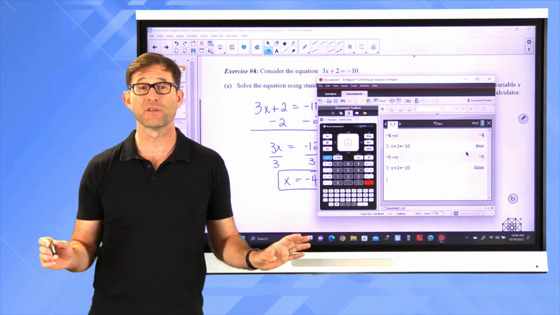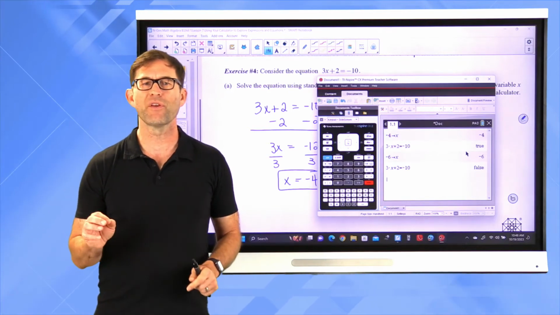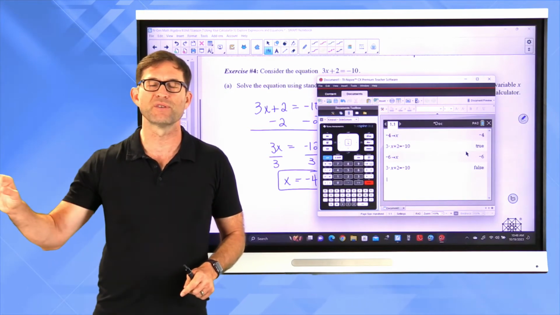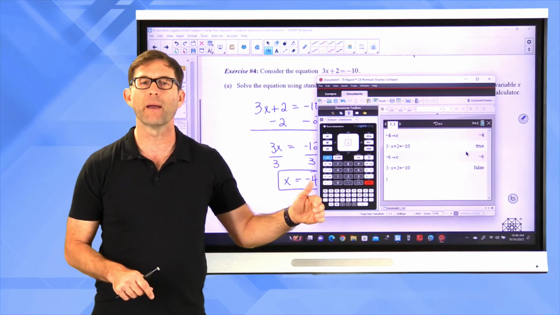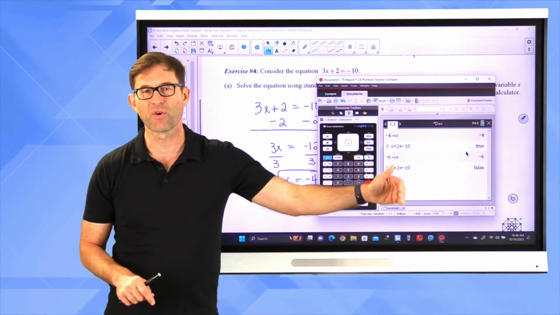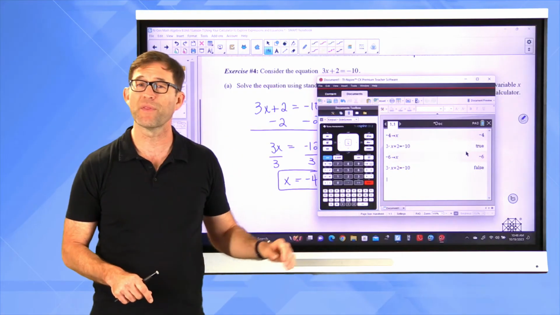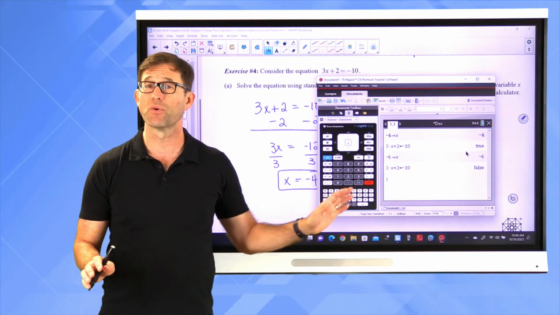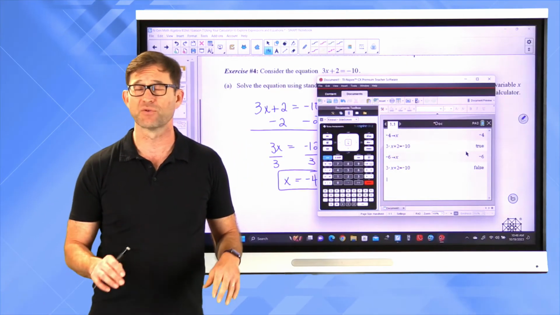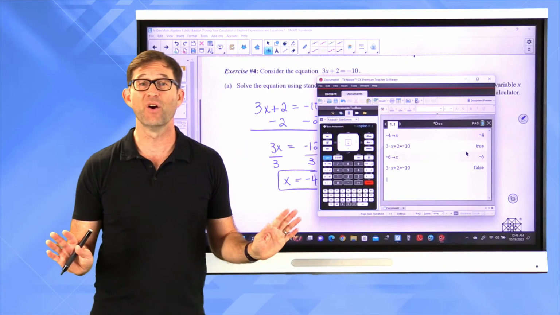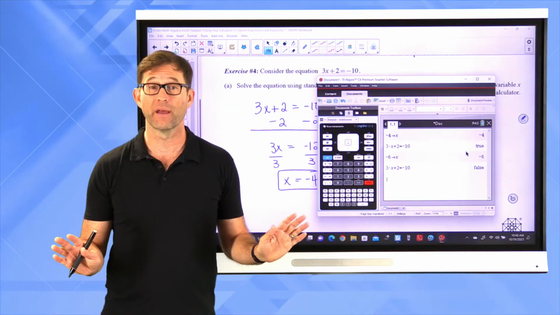I know that sounds a little bit crazy, but when you're working with irrational numbers where the decimal representations go on forever, the calculator can have a little bit of a hard time comparing the left side of an equation to the right side. But when the answers are nice rational numbers, like negative 4 or 3/2, it's got no issues figuring out whether you've got the right answer.